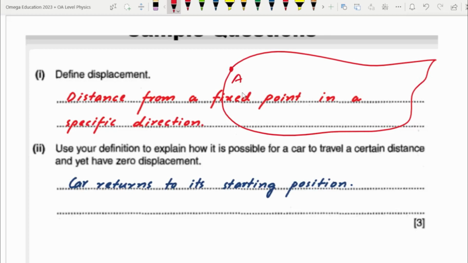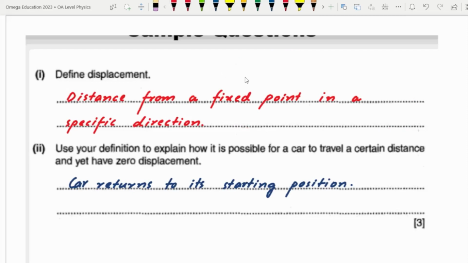So think about race cars. Whenever a race car completes one lap, after every lap, the displacement would be zero. Because completing one lap means you return to the same point, then you start the circuit again, you start the next lap, and whenever you reach the starting point, your displacement comes out to be zero.